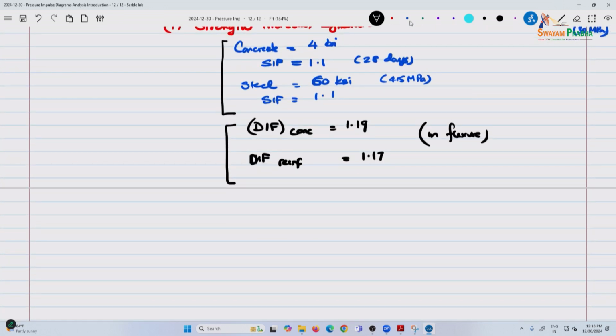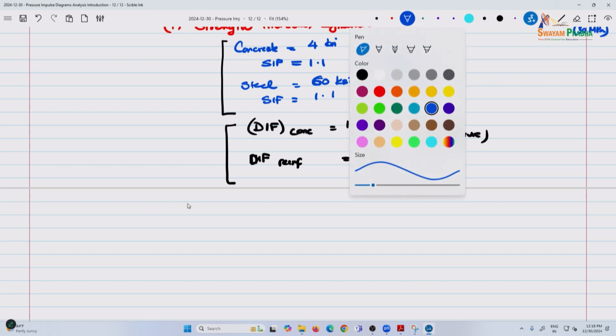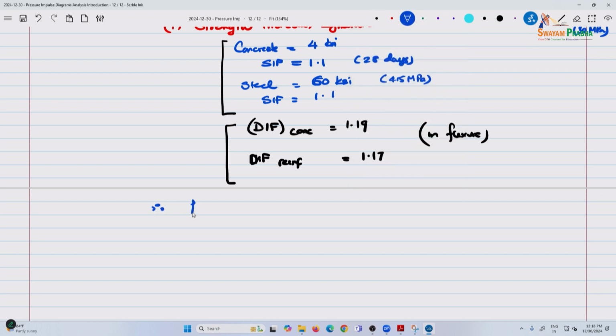So what we get here is FC dynamic is SIF multiplied by DIF multiplied by FC prime, which is 1.1 multiplied by 1.19 multiplied by 4. So you are actually looking at a 25% plus increase in the actual capacity.